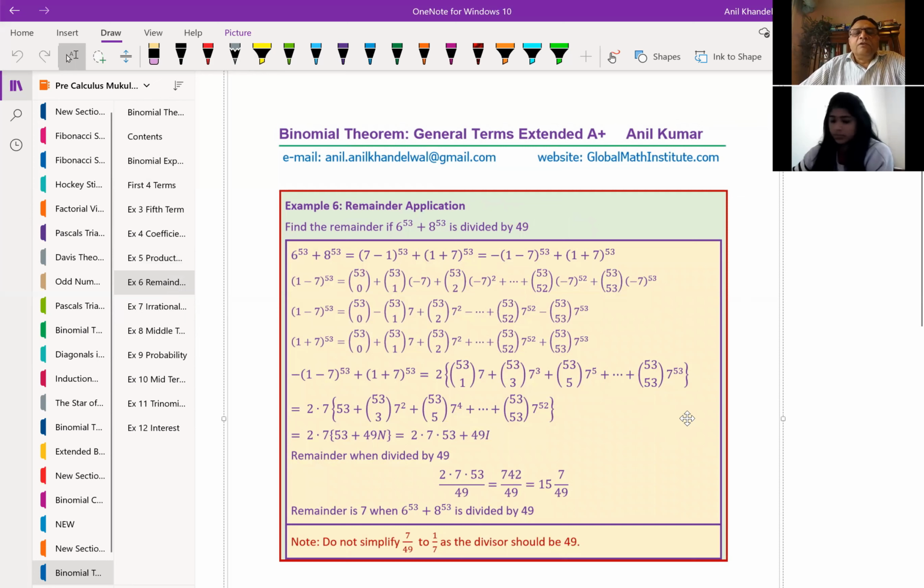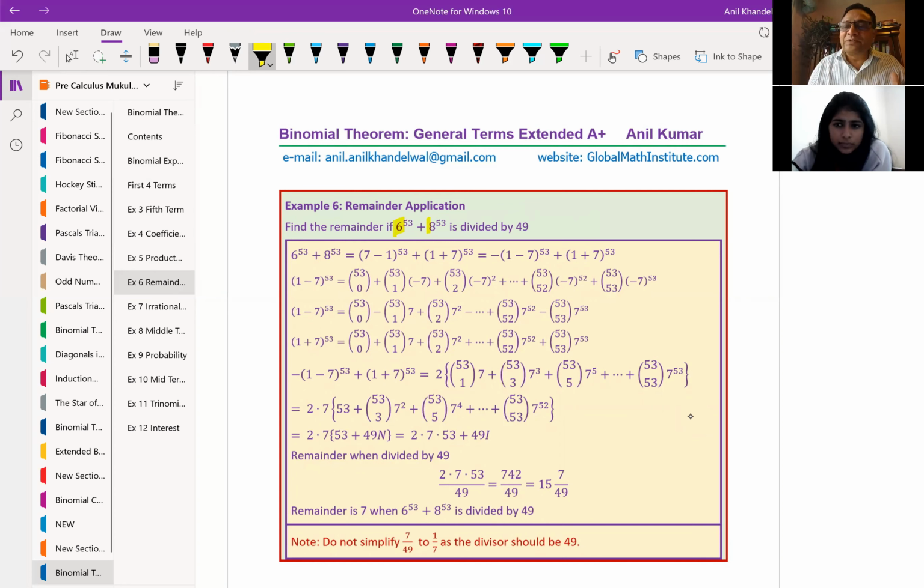Example 6. Find the remainder if 6 to the power 53 plus 8 to the power 53 is divided by 49. This is a very difficult question, Amy, and we have seen it sometimes in the examination. The trick involved here is that we could write both 6 and 8 as 7 plus or minus 1. That gives you two different series, one with a plus b, one with a minus b.